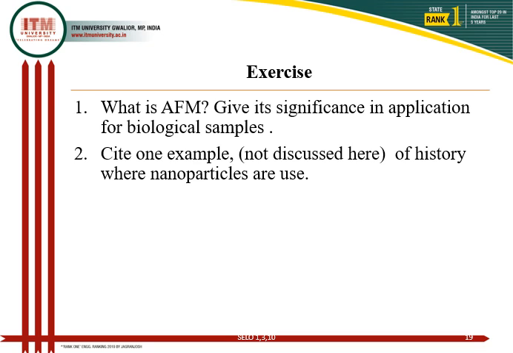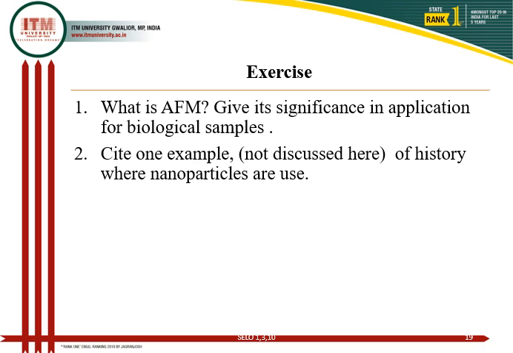I have given here two questions as an exercise. One is, what is AFM and what is the significance of this AFM for biological samples? As we have discussed in the previous slides, AFM is very useful. How is it useful compared to other techniques developed?